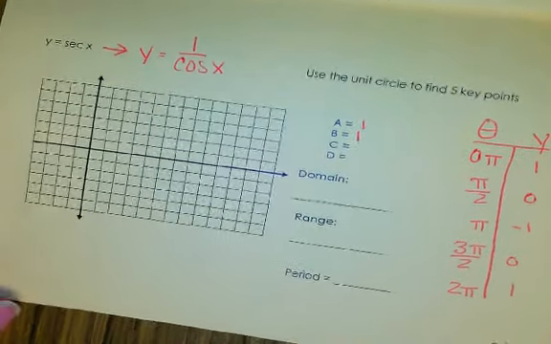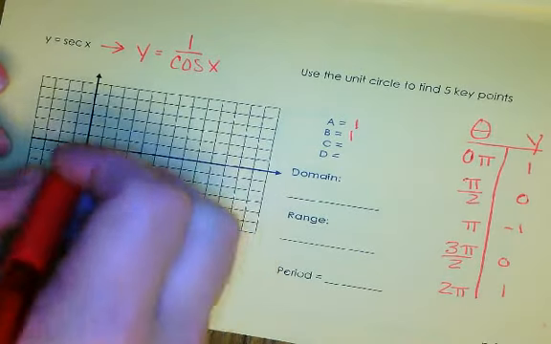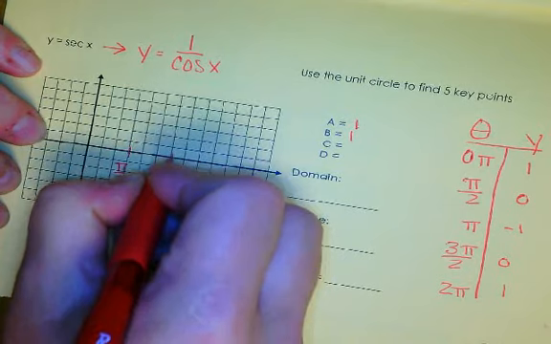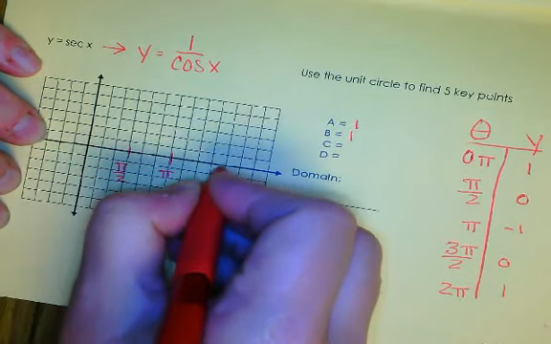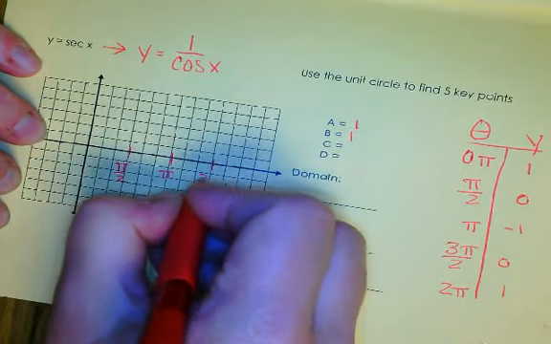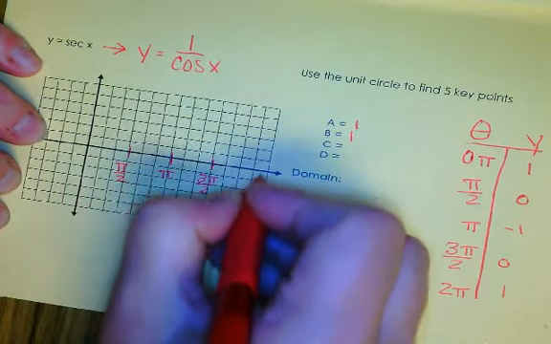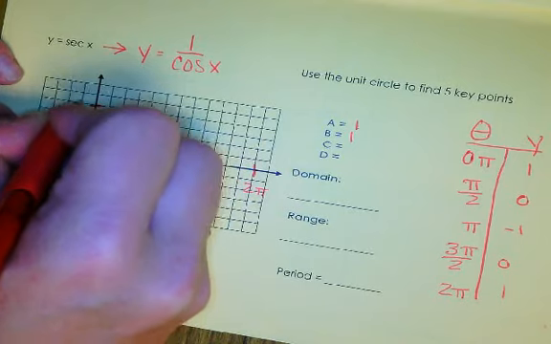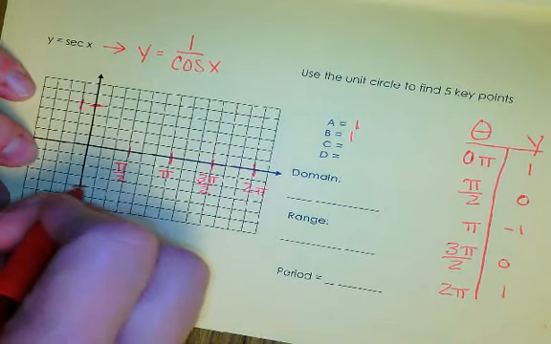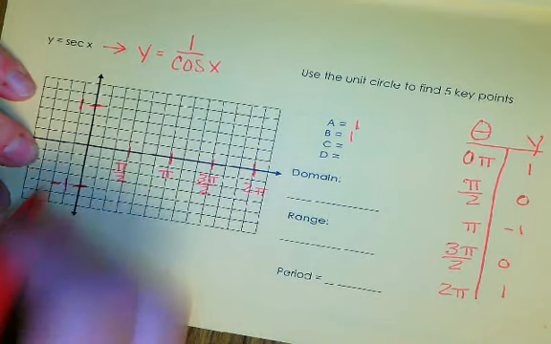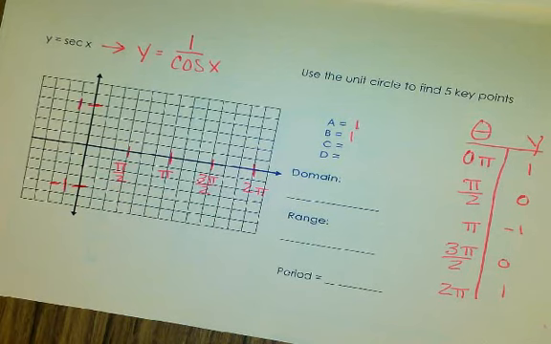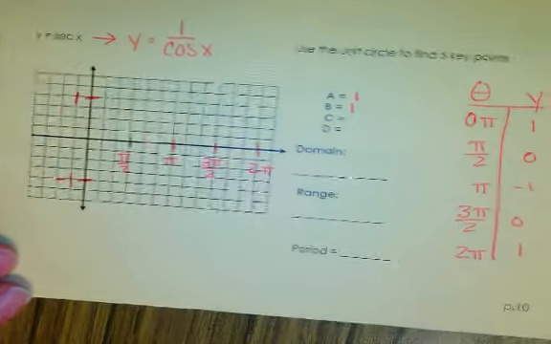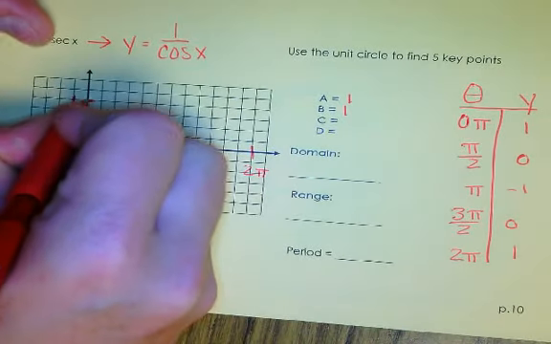If I just go graph my regular cosine function, I just numbered my graph, and then I graph my regular function.